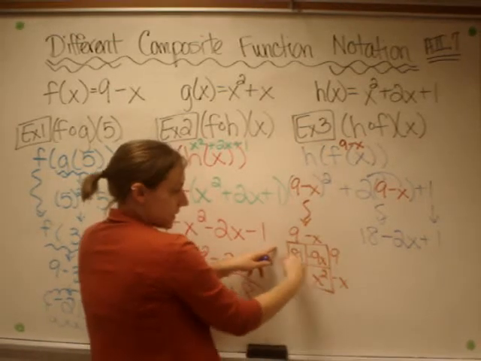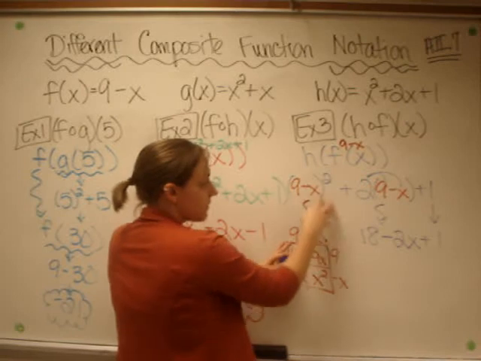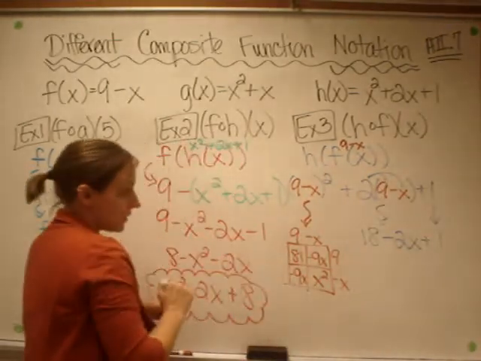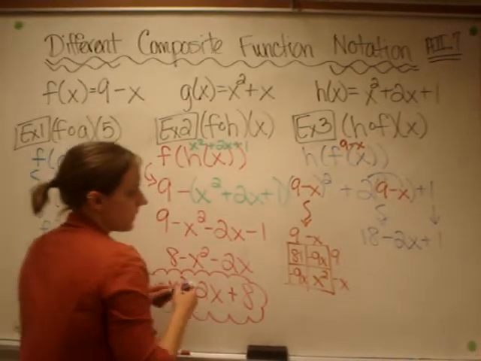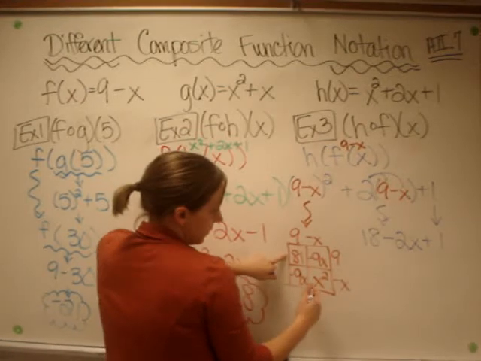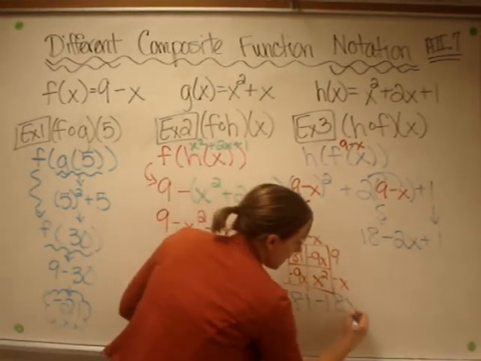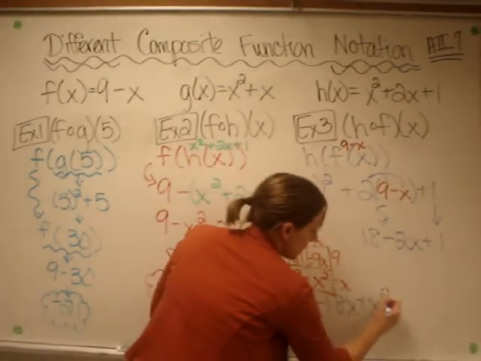So when I look inside here and I clean this up, when I put this multiplied Punnett square in with that, because this is all one answer actually, this combines to 81 minus 18x, that's these two, plus x squared.